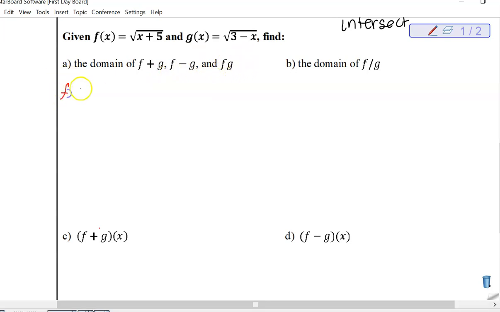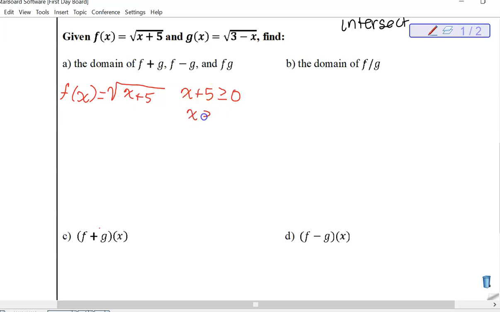So we have f of x is equal to the square root of x plus 5. And what we know about square roots is that the radicand has to be non-negative. So x plus 5 must be greater than or equal to 0 in order for us to graph a valid square root function.